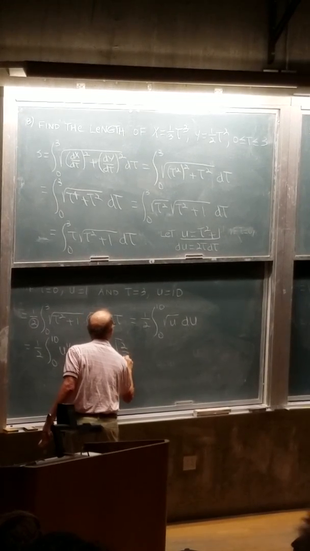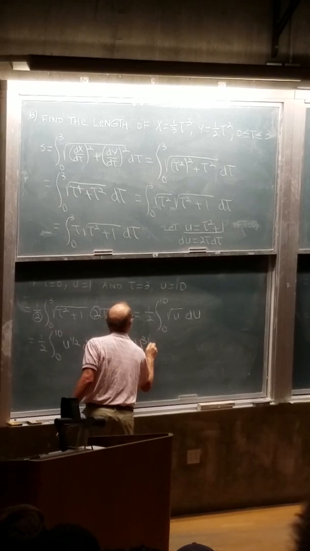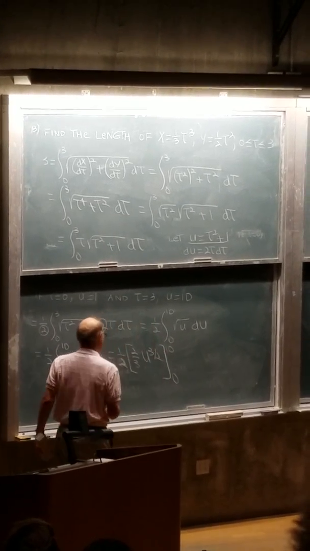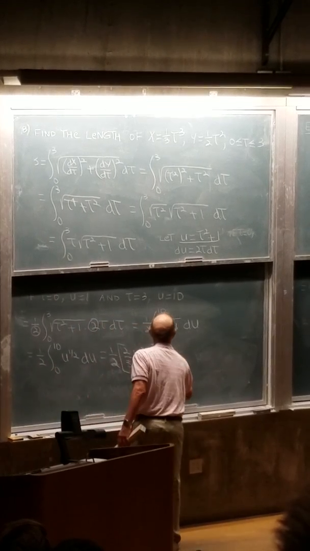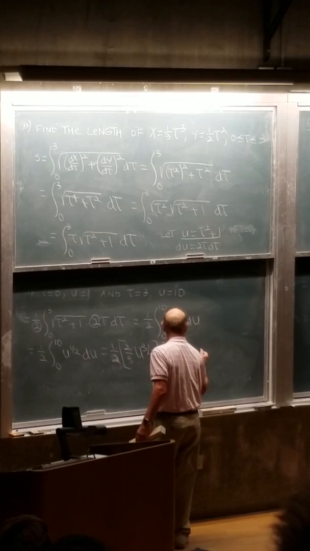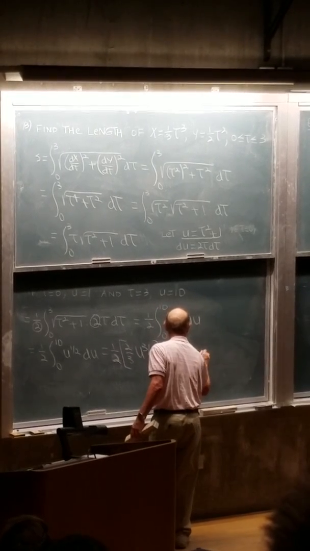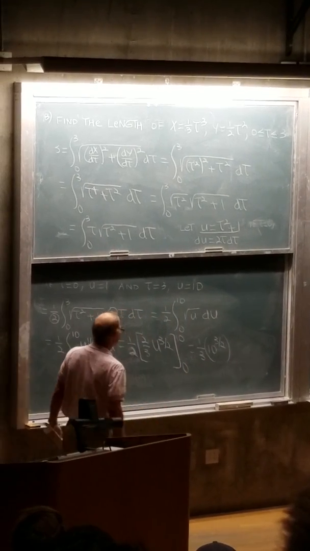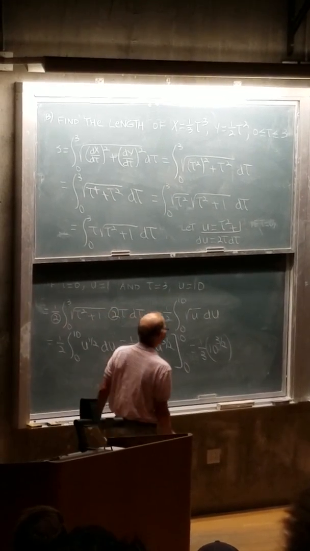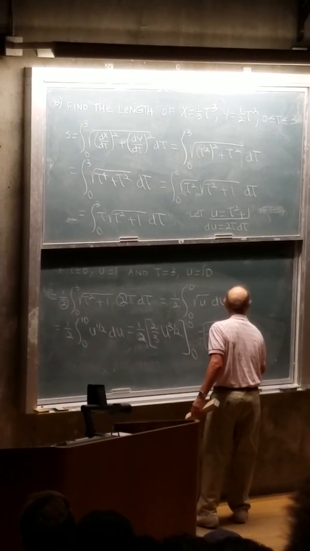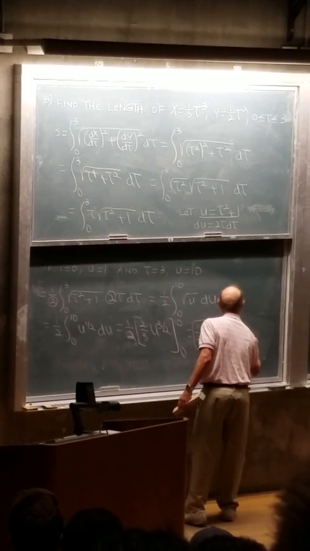We add 1 to the power and divide by the power, so we get 2/3 u to the 3 halves from 0 to 10. Now if we substitute in, we'll get 1/3 times 10 to the 3 halves. And then the value at 0 is 0. So we could write our answer like this, or you can write it as 10 to the 3 halves over 3.